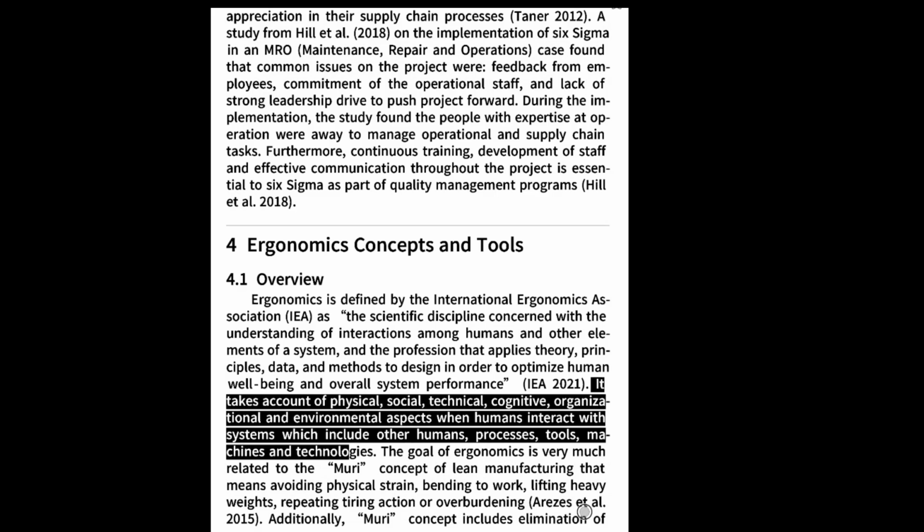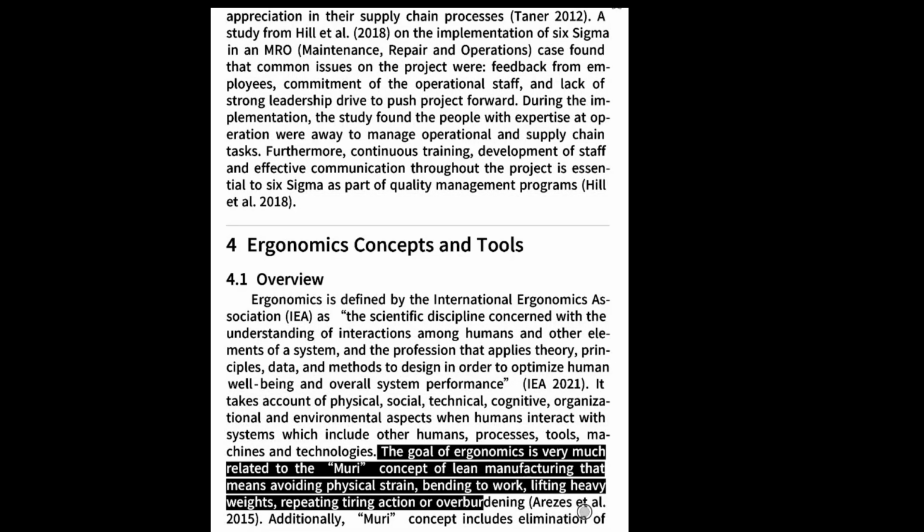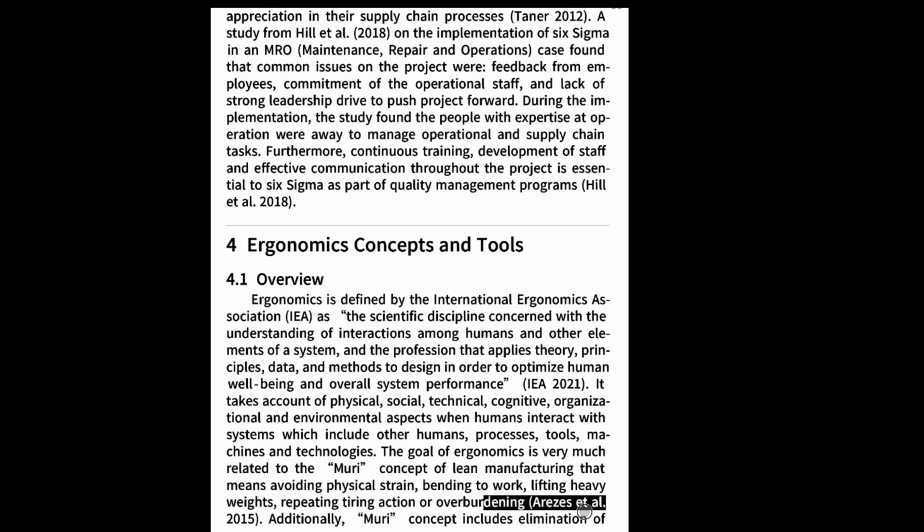The goal of ergonomics is very much related to the Muri concept of lean manufacturing, that means avoiding physical strain, bending to work, lifting heavy weights, repeating tiring action or overwork. Denning, Ares et al. 2015.